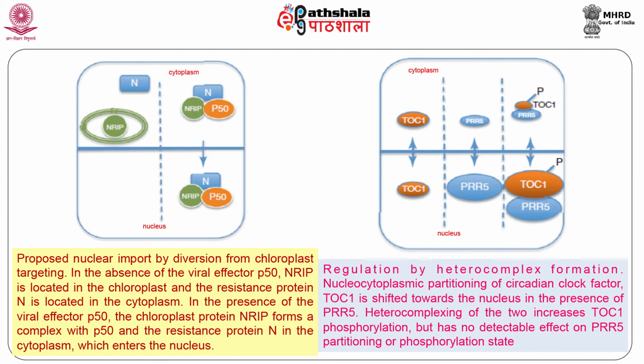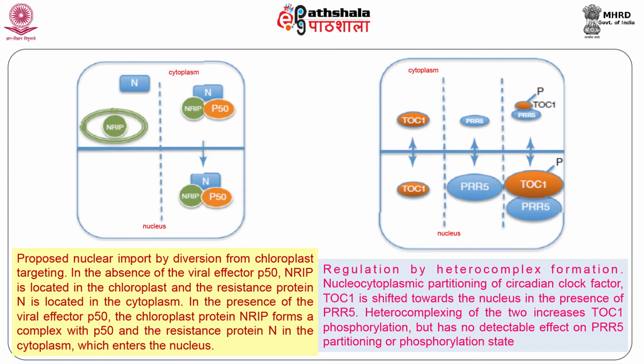The right hand panel shows you regulation by heterocomplex formation in Arabidopsis, circadian clock factors TOC1 and PRR5. Both show peak expression during early evening and are able to heterodimerize in vivo.